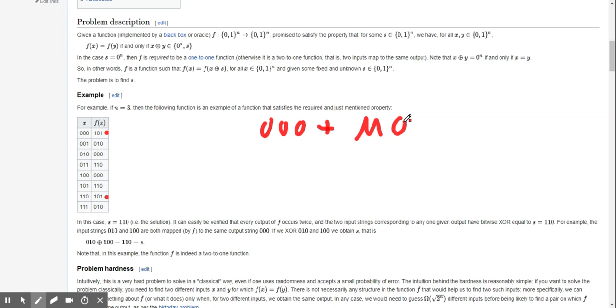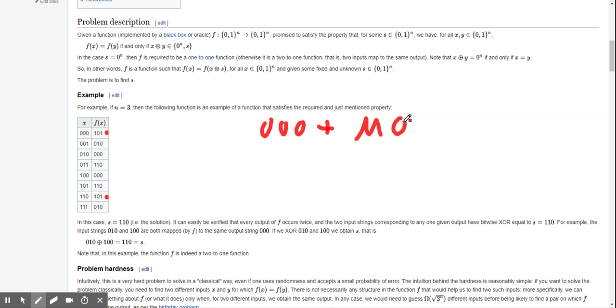So what this is saying is that if you now do a Hadamard of this, you're going to end up with something that is basically even when multiplied with s. Interesting.